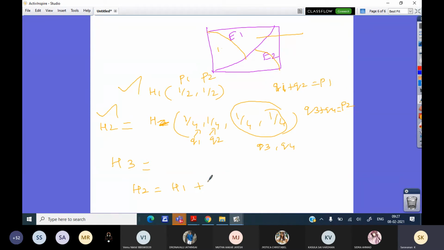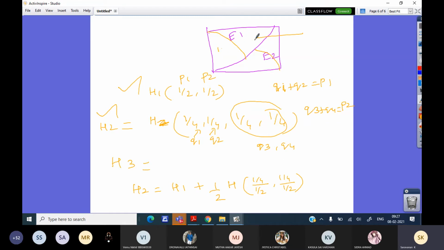So plus, what is Pn? Because I am dividing E1 into two sub-events, the probability associated with the main event is nothing but E1. So it is 1 by 2, right? So 1 by 2 H of 1 by 4 divided by 1 by 2, comma 1 by 4 divided by 1 by 2, right? So this is my H3.